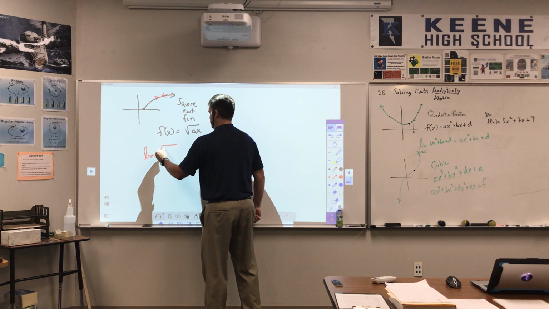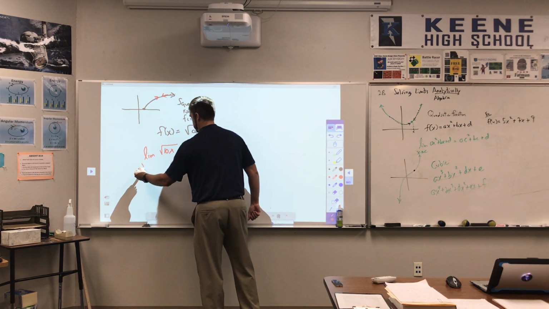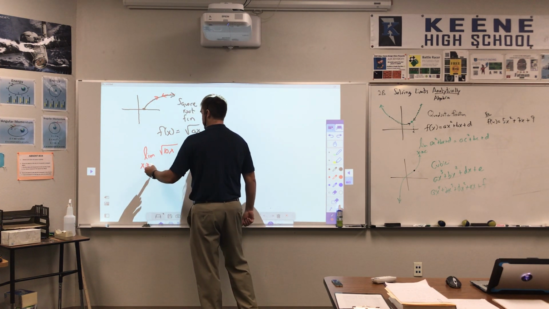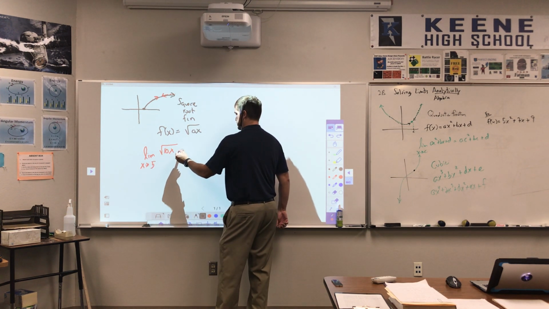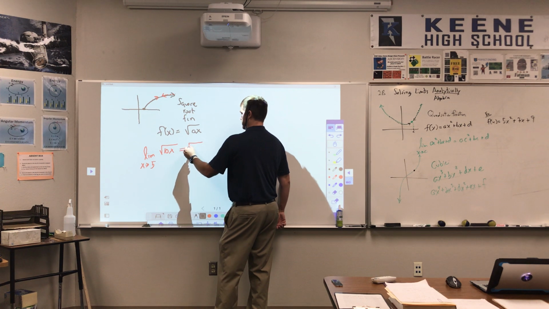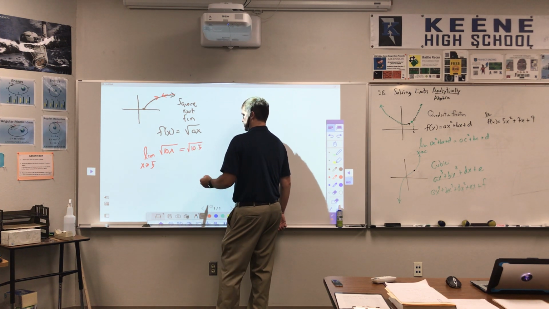The limit of the square root of 10x as x approaches 5 is equal to the square root of 10 times 5.